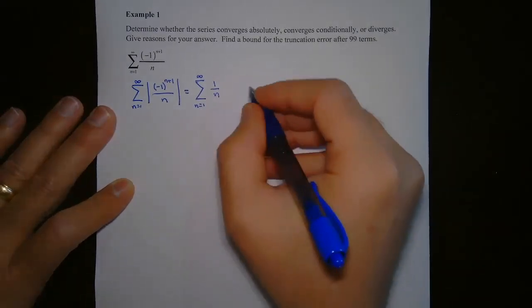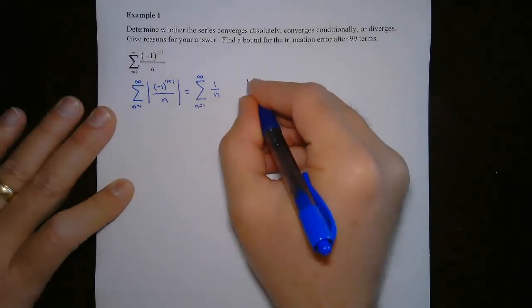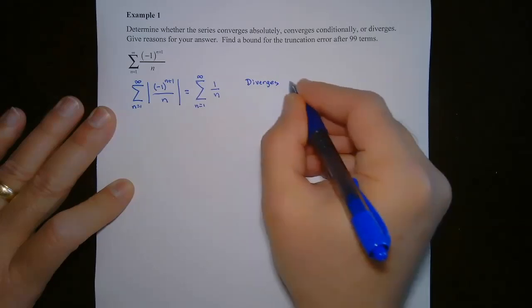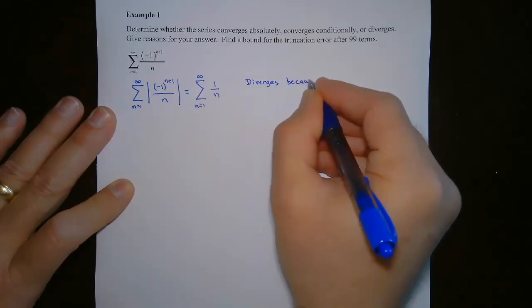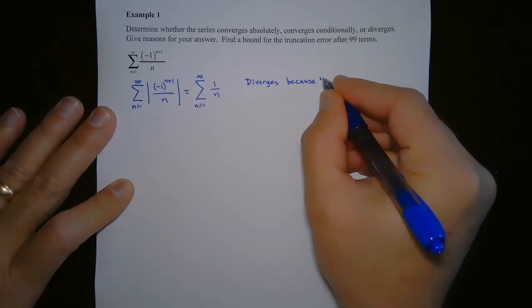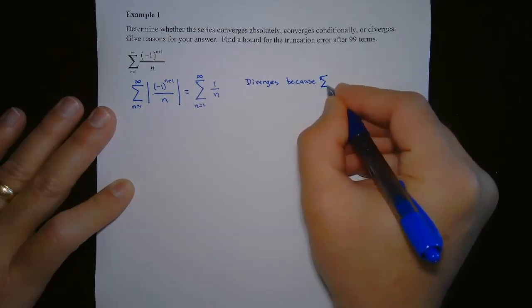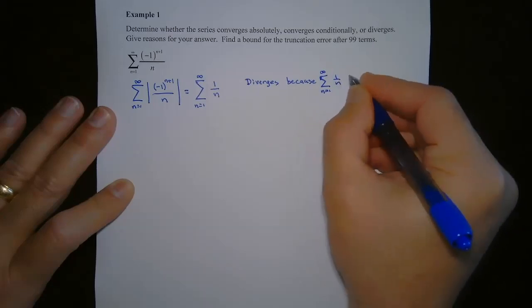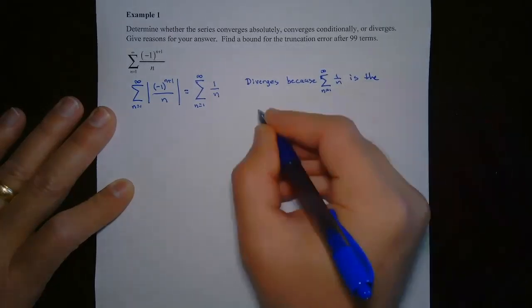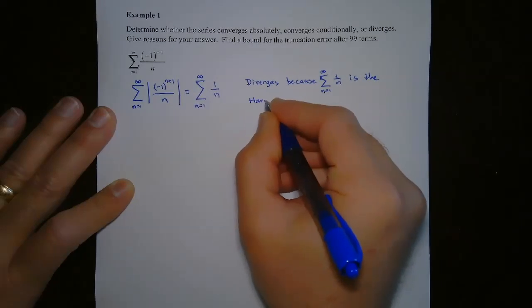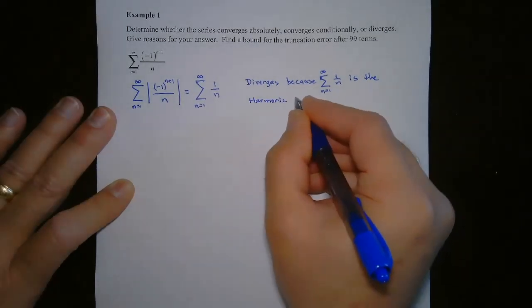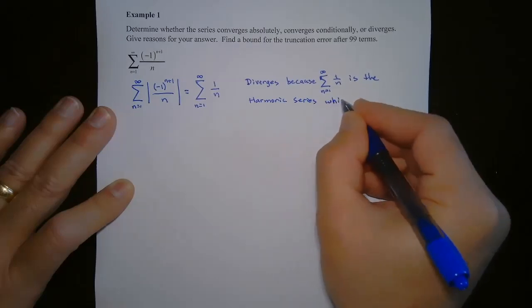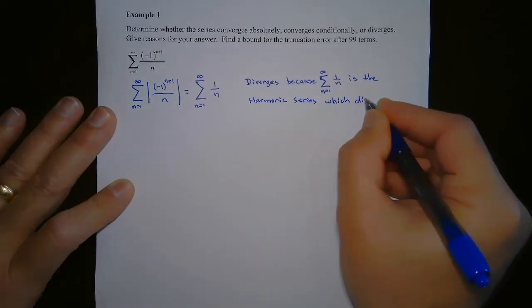So this diverges because the sum from n equals 1 to infinity of 1 over n is the harmonic series, which diverges.